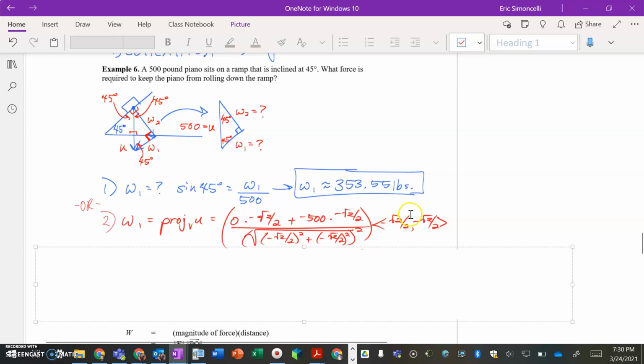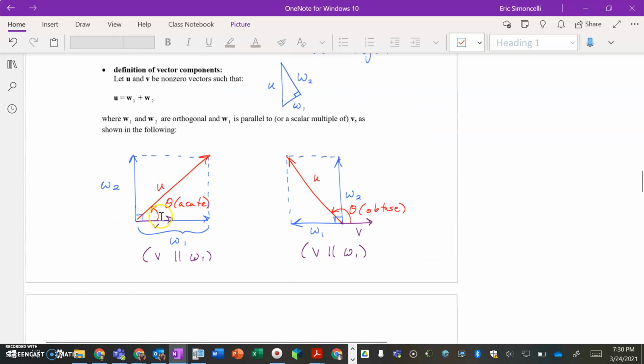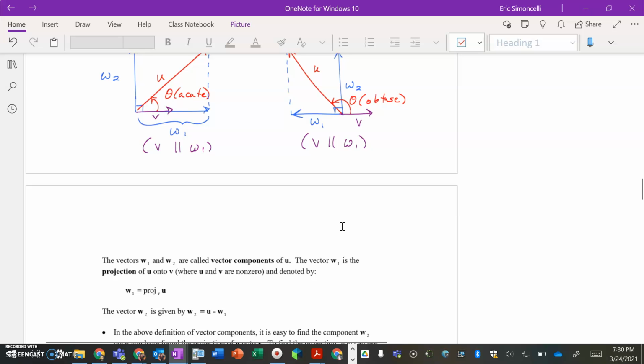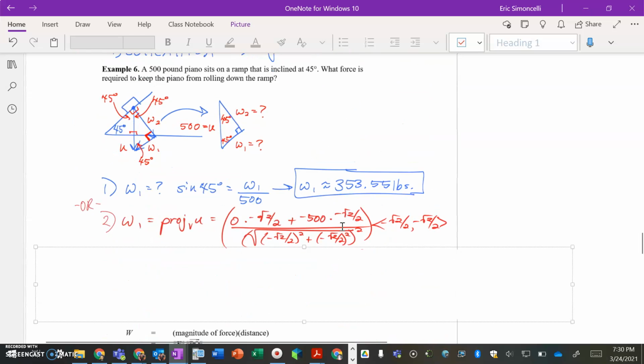We can also consider v as parallel to w1, as we saw in our prior depiction. Technically we want them to be equal and opposite in nature, but the projection of u onto v will work out regardless of the orientation of v with respect to w sub 1.